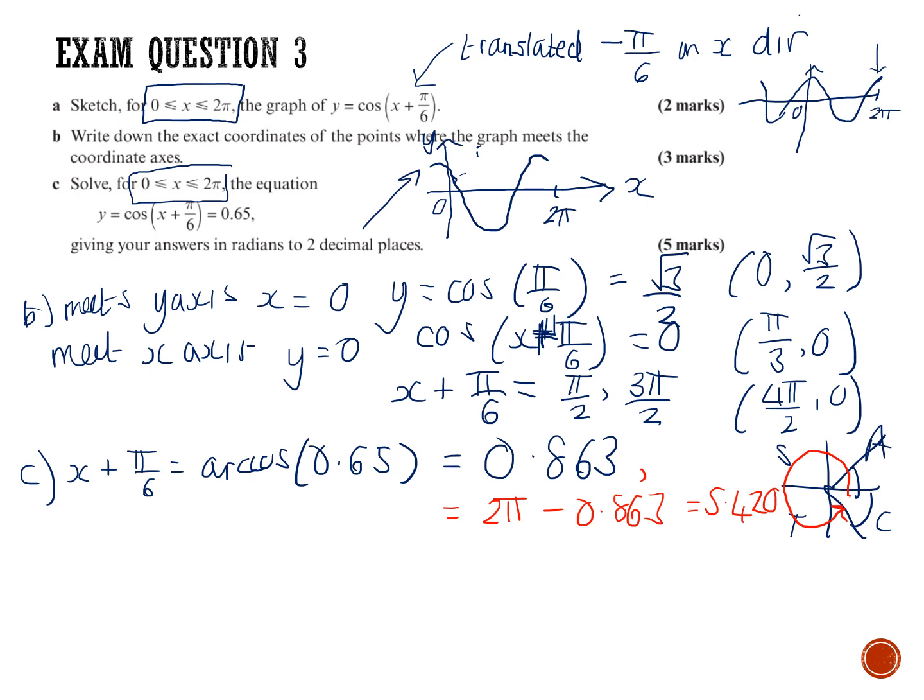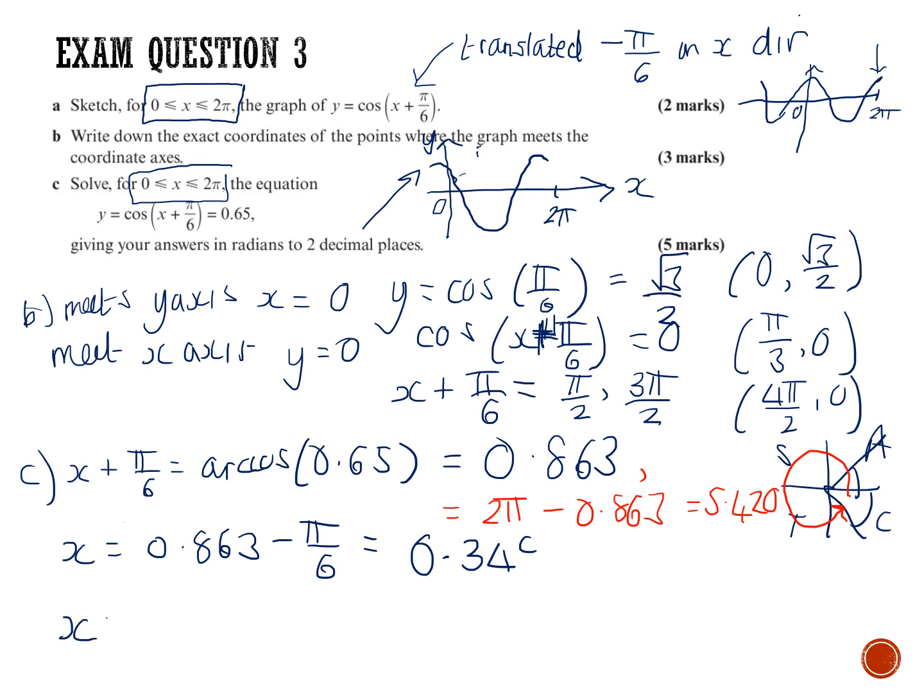So how do I get my final answers? I take my original 2 values. I've got 0.863 and I do minus pi by 6, because that is equal to x plus pi by 6. That gives me, rounding at this point, 0.34 radians, to 2 decimal places.